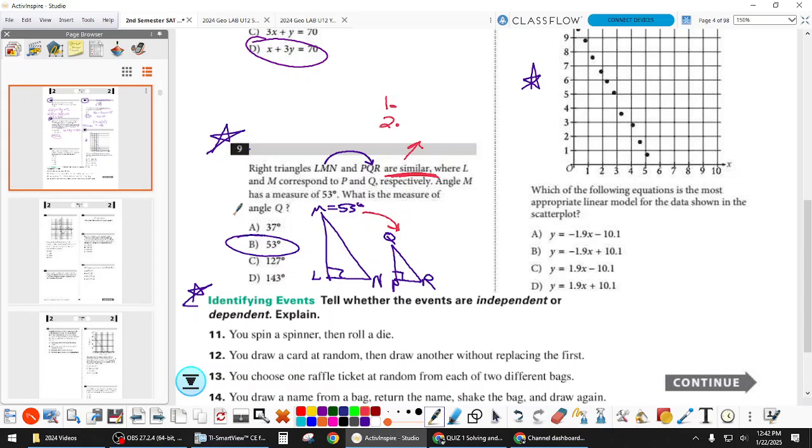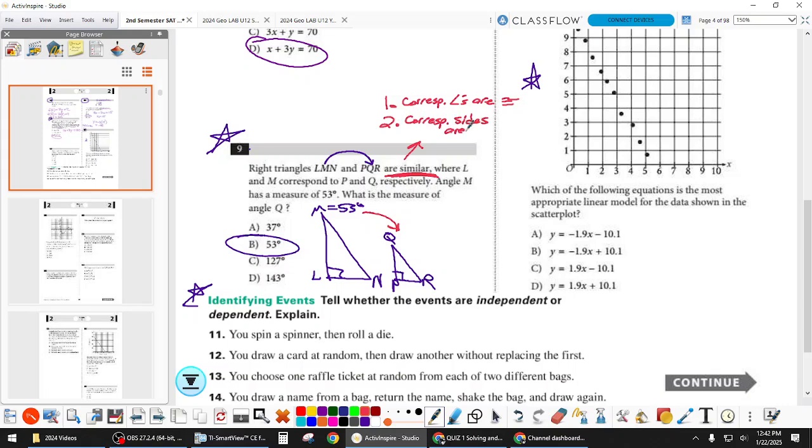One of them. What was it? How do we know if figures are similar? Awesome. Okay, and then what was the other one? Sides proportional. Yeah, and we have to use that corresponding word again.